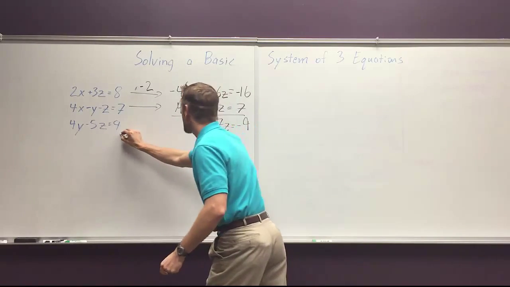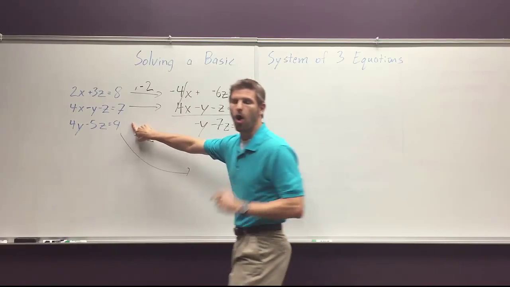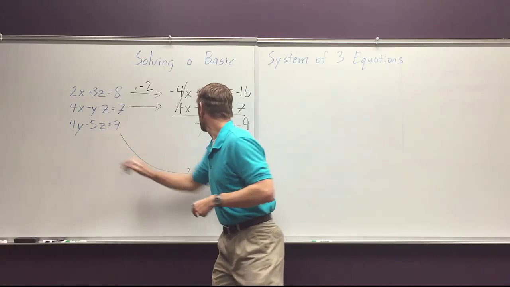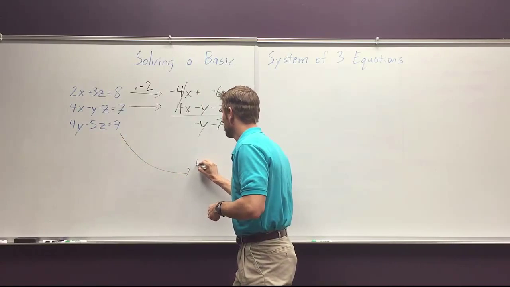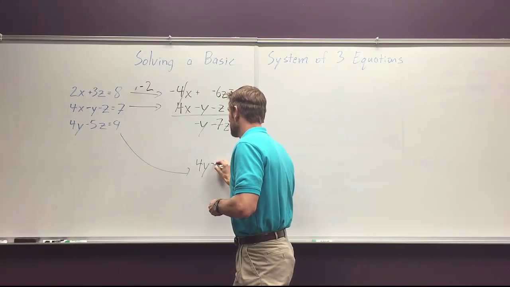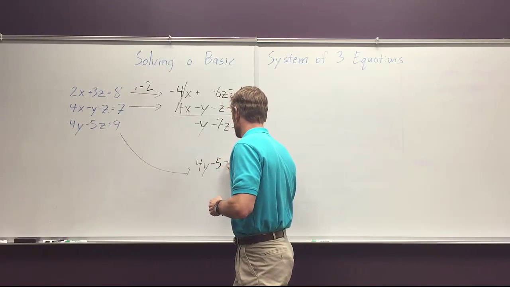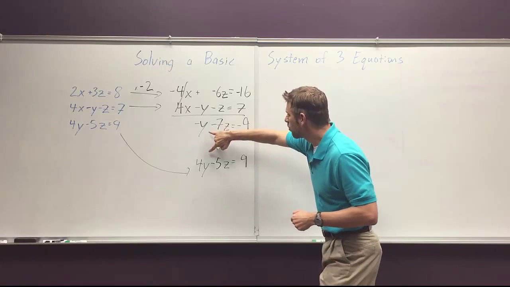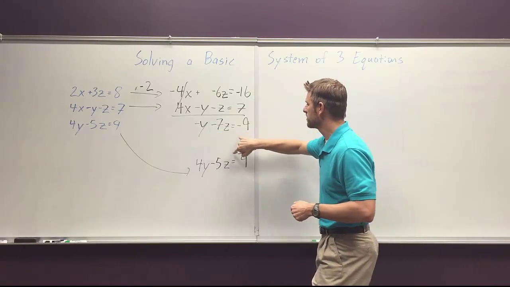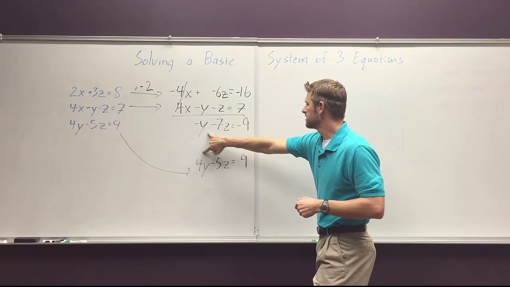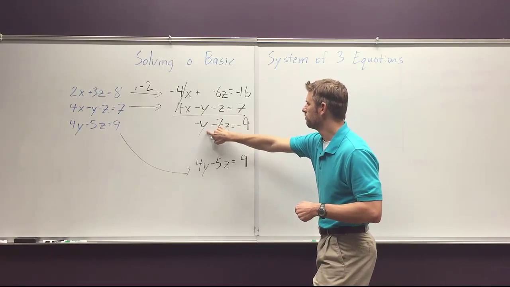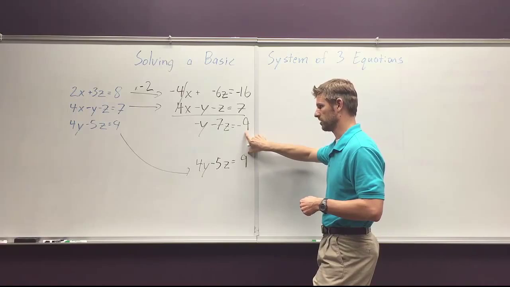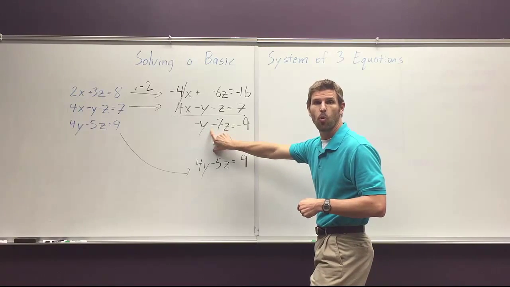Here, I can just take that equation because that equation already doesn't have the x in it. I'll take that equation, put it right here, and what I'm going to do here is I'm going to identify another multiplication that I can do so that I can solve this system of two equations to shave off the y.